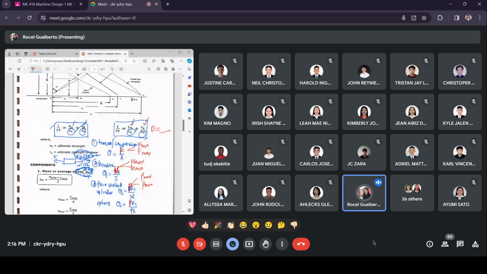Saan po siya makikita? O, di po ba on design, we are looking for the dimension. Okay? So, looking at the Soderberg and the Goodman, saan po dyan yung dimension po natin included?